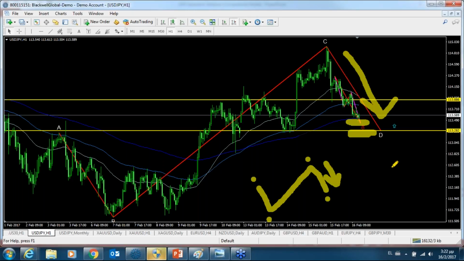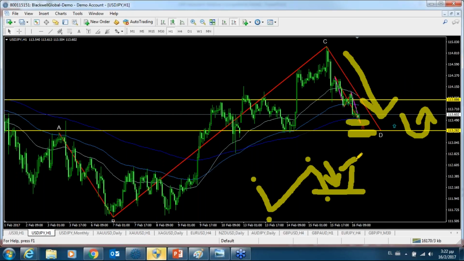That's also a reversal zone, meaning once you have sold somewhere in the middle of the way and you're looking at a sell or a bear market, targeting downwards, it may then reverse around the D area upwards. So once it completes the C to D, you are looking at it moving upwards, a bounce upwards.